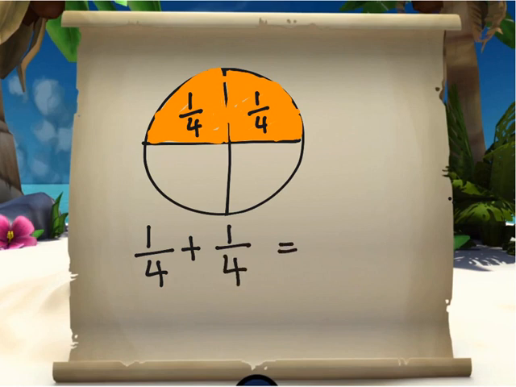In this case, we have the same denominators, 4. So let's put the same denominator 4 on the bottom. And then let's add the numerators, which is on the top, which is 1 and 1. 1 plus 1 is 2.